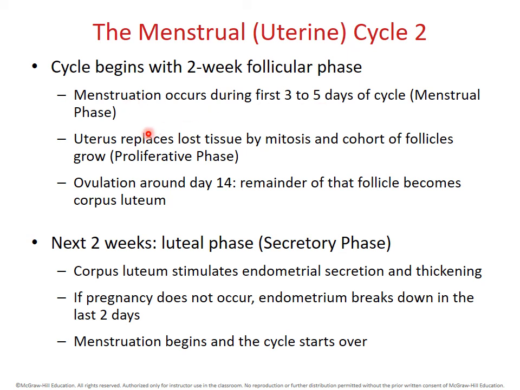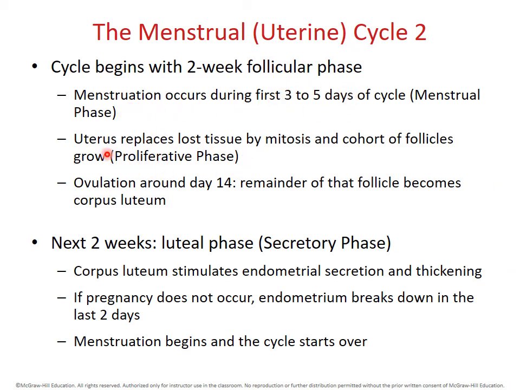And of course, during menstruation, what's happening is that the endometrium is sloughing off because pregnancy did not result, and we're getting rid of that functional layer of the endometrium, and it will again over the next 23 days or so be replaced with a new functional layer coming from the basal layer. And so the first, again, 3 to 5 days is the menstrual phase.